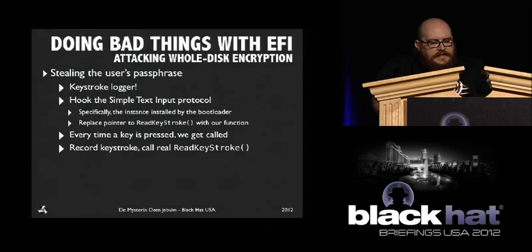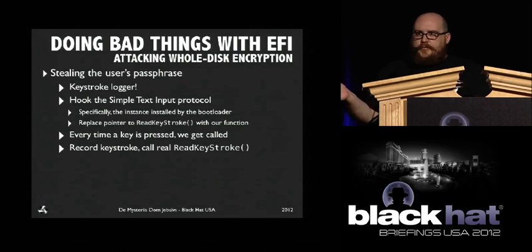So I guess the first thing to look at with regards to attacking FileVault is a keystroke logger within EFI to steal a user's passphrase. This turned out to be pretty simple to implement. There's a protocol defined by the EFI specification called the Simple Text Input Protocol, which is used for console input, right?